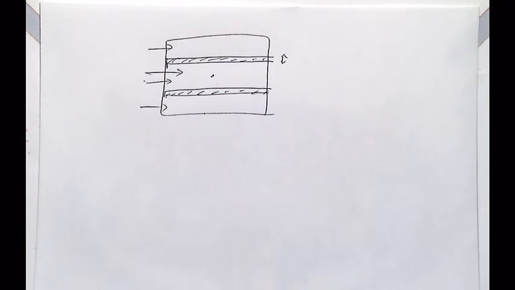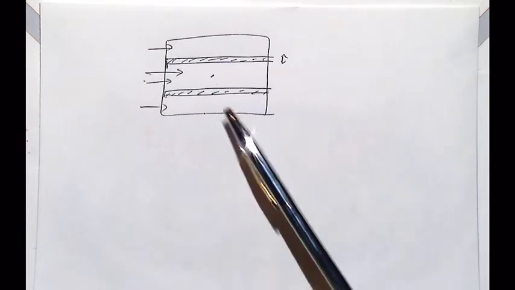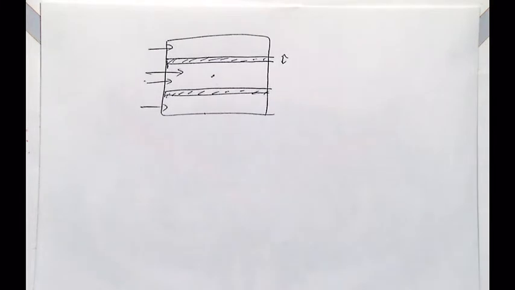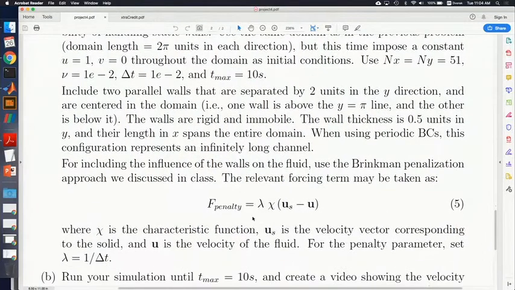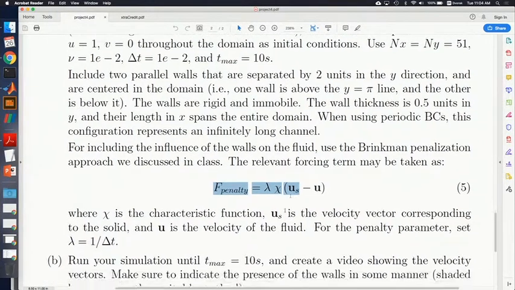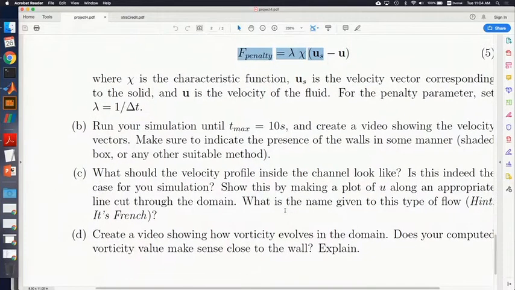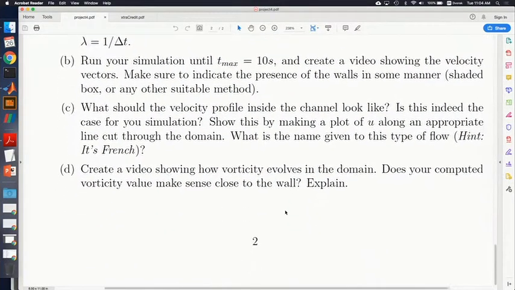And how do you account for this wall? You can do that using the penalty term. We looked at that a few lectures ago, where you basically force the velocity to be the velocity of the solid. And then there's instructions around the simulations and creating videos.